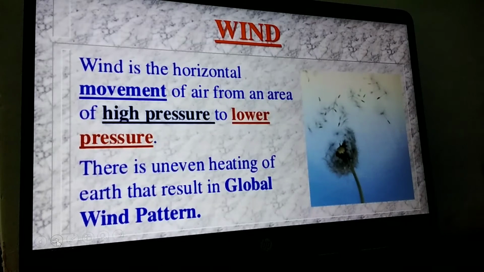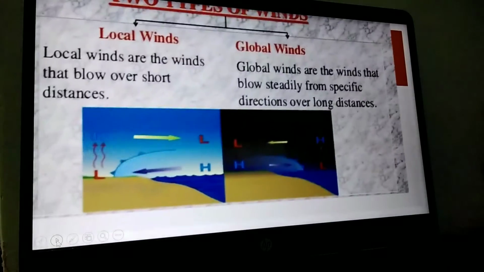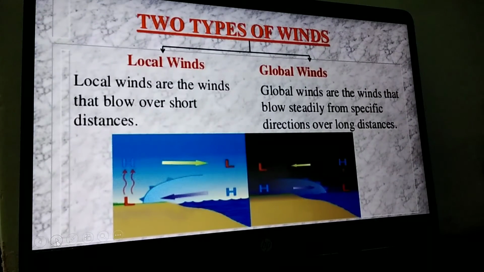There is uneven heating of earth that results in global wind pattern. Now, two types of winds. Those are local winds and global winds. Local winds are the winds that blow over short distances, whereas global winds are the winds that blow steadily from specific directions over long distances.